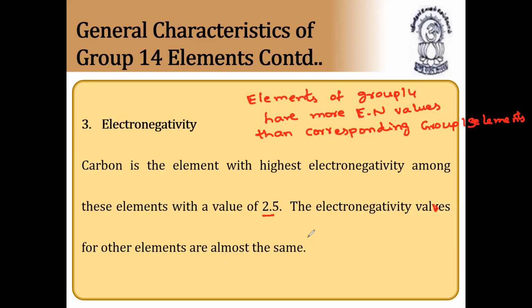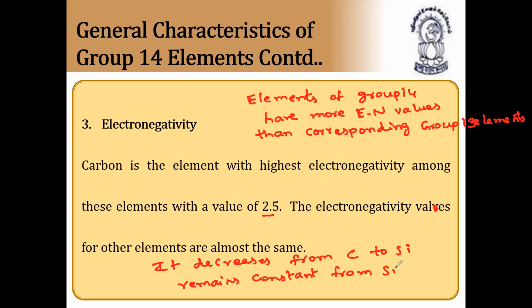So the electronegativity decreases from carbon to silicon, then remains constant from silicon to tin, and slightly increases for lead.